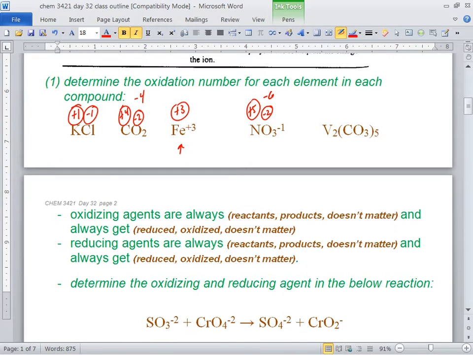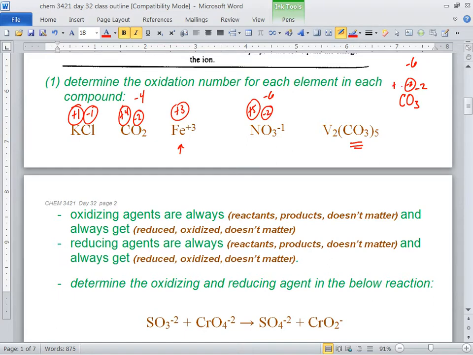Kelly, where do you start for vanadium 5 carbonate? Oxygen's -2. Now, what we could do, if you like, is this. What's the charge on carbonate? It's a -2. So you could figure out carbon and oxygen just using this, because this is definitely carbonate, right? And sometimes it's easier by pulling out that polyatomic ion. That's -2, -6. Carbon has to be positive.